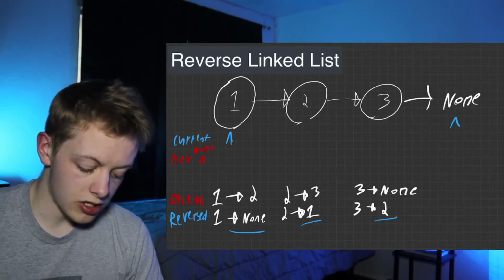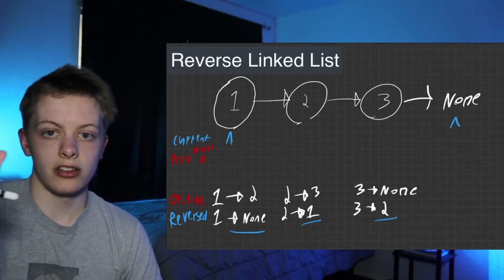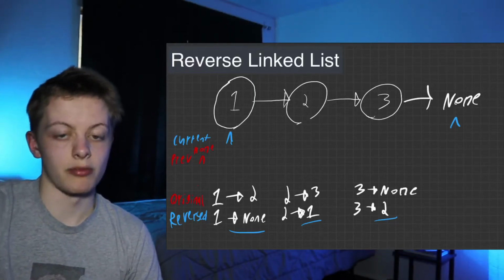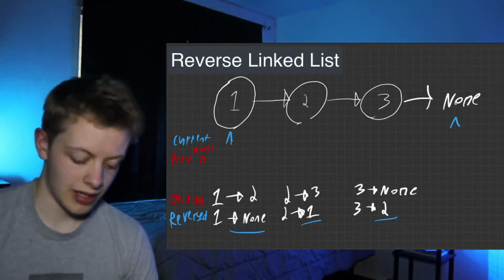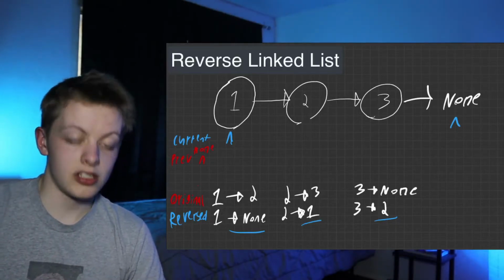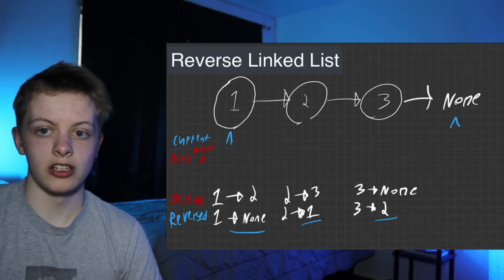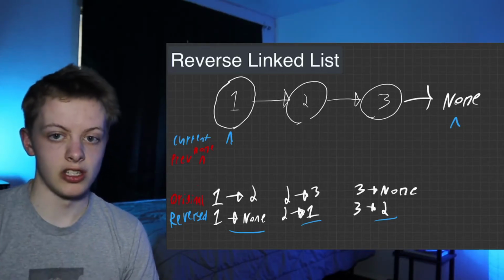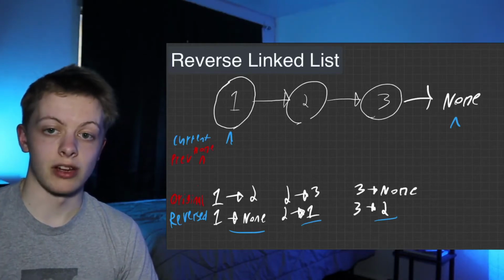So originally it's none, and we're going to have our current value and change the .next property to point to our previous. Our current, which is 1, is going to point to our previous, which is none, exactly what we want for our linked list.